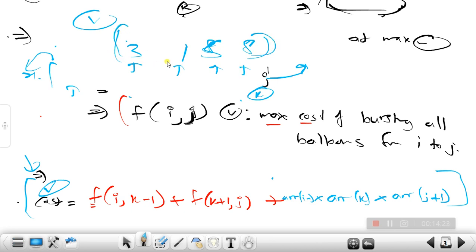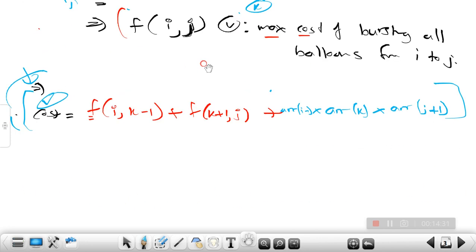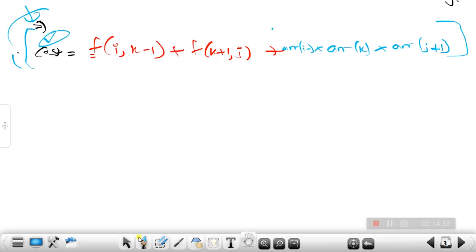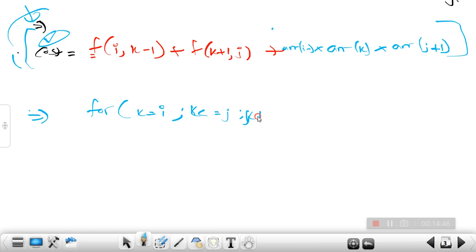Okay, so whichever cost is the maximum, I'm simply going to return that. So I have to maximize this particular cost. In order to achieve that, I will simply write a for loop that starts from k equals I, and k is smaller than or equal to j, with k plus plus.